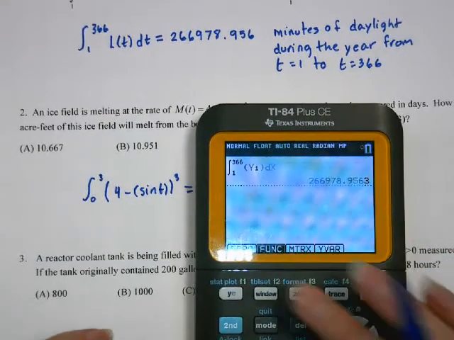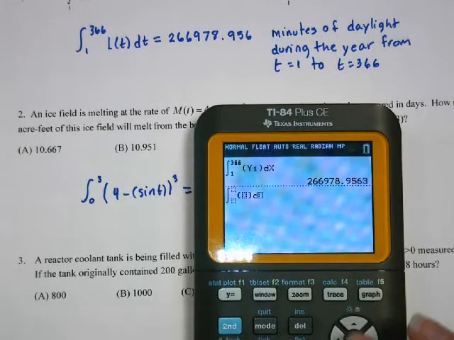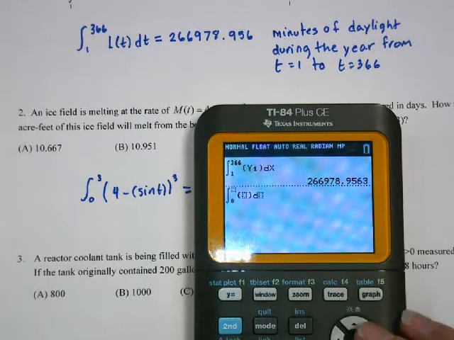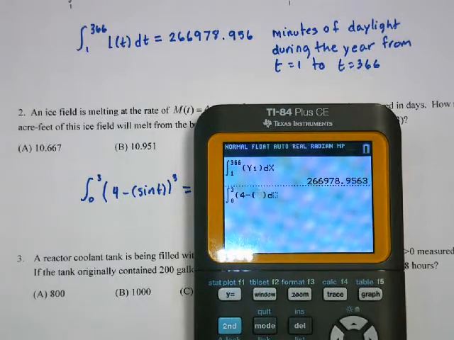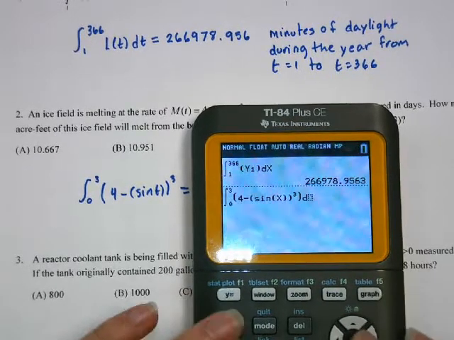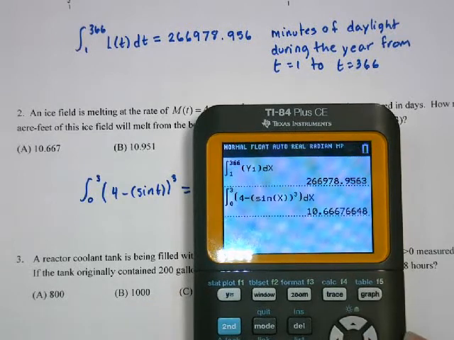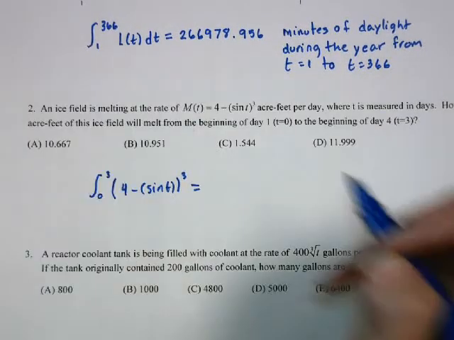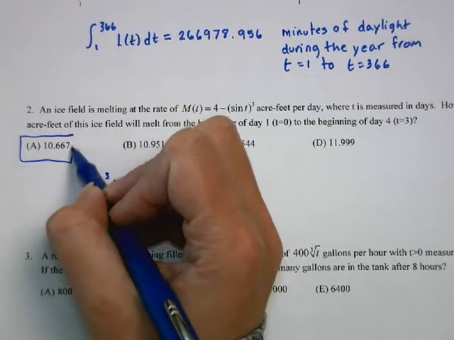We're not using this multiple times, so I'm just going to do this right here. So 0 to 3 of 4 minus sine x cubed dx. And we get 10.666, which is A.